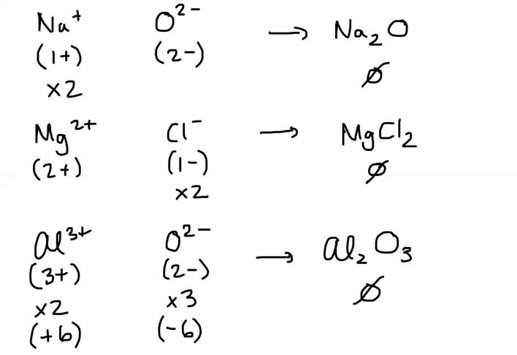I want to stress that these should be written as the lowest ratio. So I don't want this, for example, to be Al6O9. It should be Al2O3. All right. Let's do some practice.